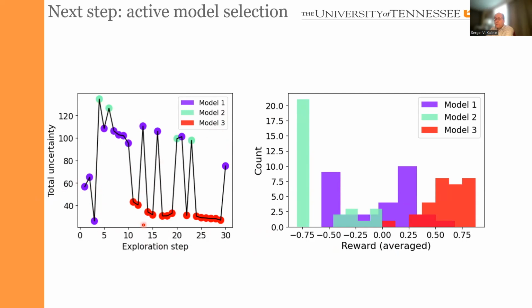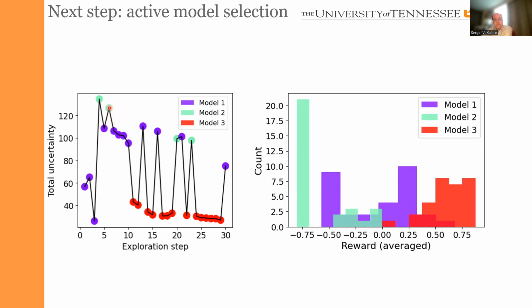Epsilon greedy is the easiest way to add exploration when we have a small number of non-discrete possibilities. Because of epsilon greedy, we choose model number 2. This model didn't work particularly well in the beginning, so the uncertainty is fairly large. So it returned to model number 1 because this model gives you better uncertainty.